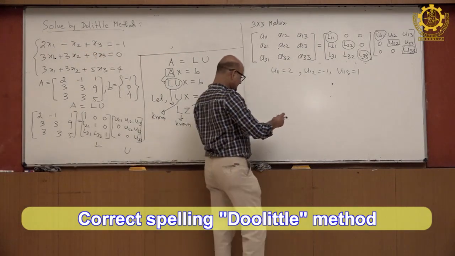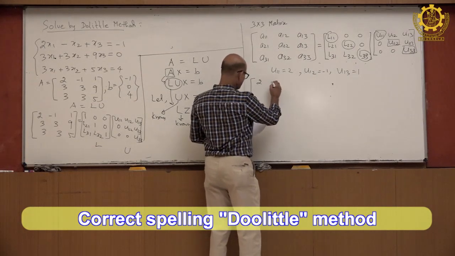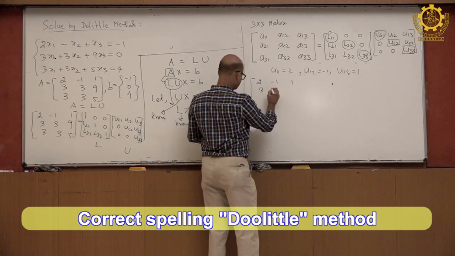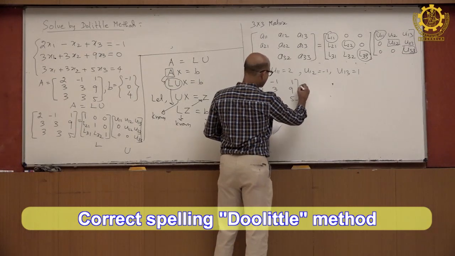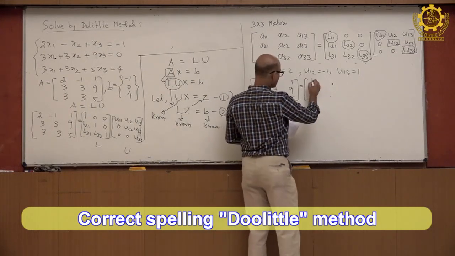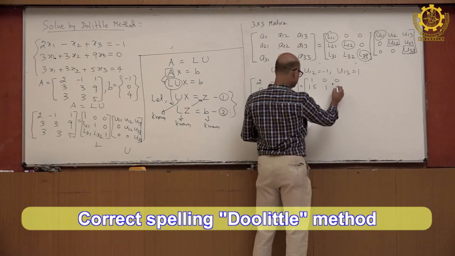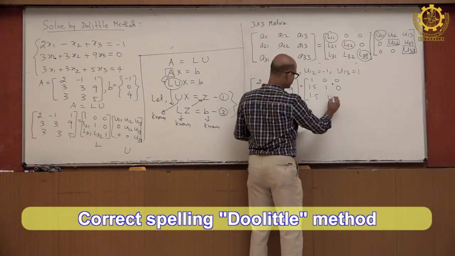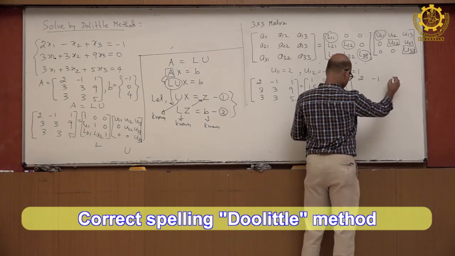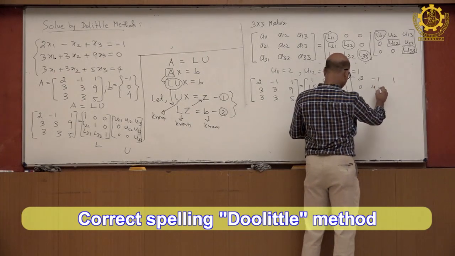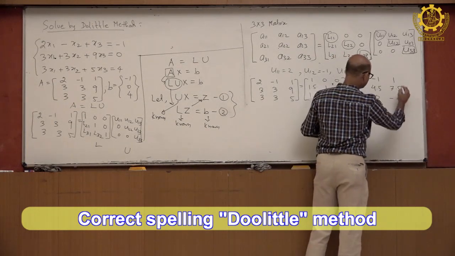After that, I am just writing directly the L and U matrices. A is 2 minus 1 1, 3 3 9, 3 3 5, and L matrix is 1 0 0, 1.5 1 0, 1.5 1 1, and U matrix is 2 minus 1 1, 0 4.5 7.5, 0 0 minus 4.